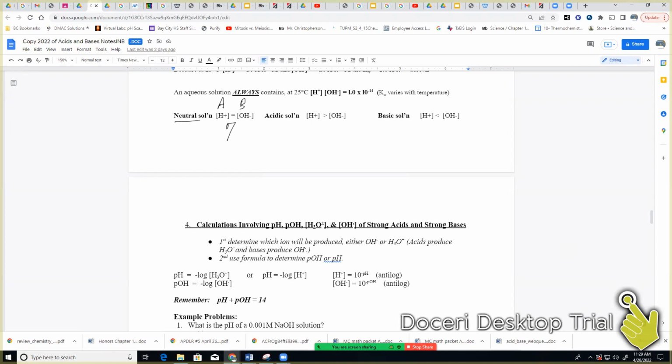On the other hand, if I have my hydrogen ion greater than my hydroxide, then it's going to be acidic and my pH would be less than 7. And then I have my other situation. I have my acid component less than my base component, so now I'm going to have a pH greater than 7.